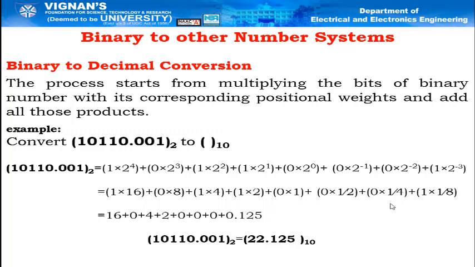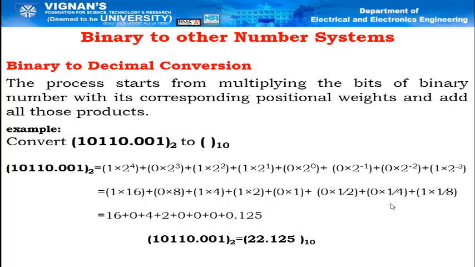Similarly, for the fractional part, the positional weight decreases by 1 power: the first position has weight 2 power minus 1, the second 2 power minus 2, the third 2 power minus 3, and so on.